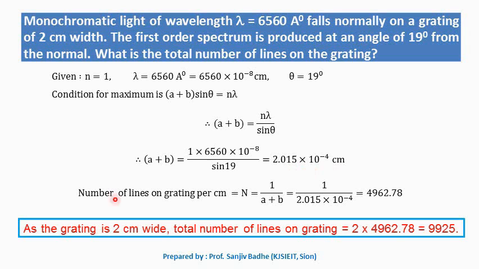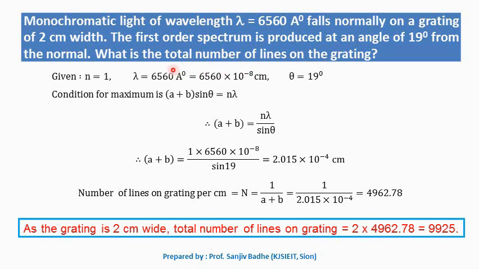Now the number of lines on the grating per centimeter is given as 1 upon A plus B. A plus B is the grating element which we have calculated, and the number of lines per centimeter on the grating is obtained as 4962.78. But what is asked is the total number of lines on the grating.